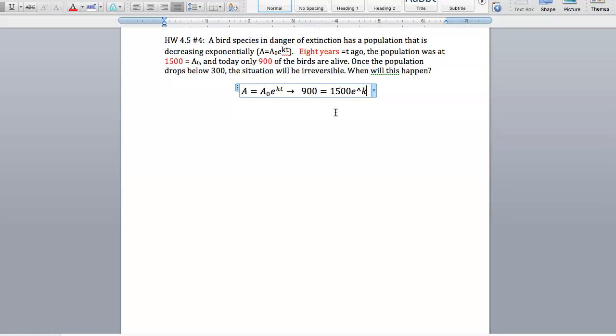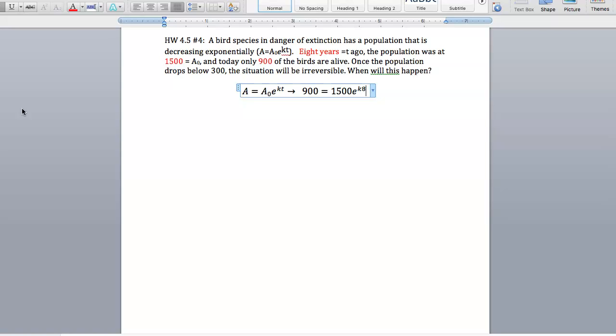And t, time, is 8 years. There's our exponential model for what's going on. When I find a value for k, I'm going to expect it to turn out negative because the population is decreasing. This is exponential decay. Exponential decay, the constant is negative. Exponential growth, it's positive. So I'm expecting a negative value for k.